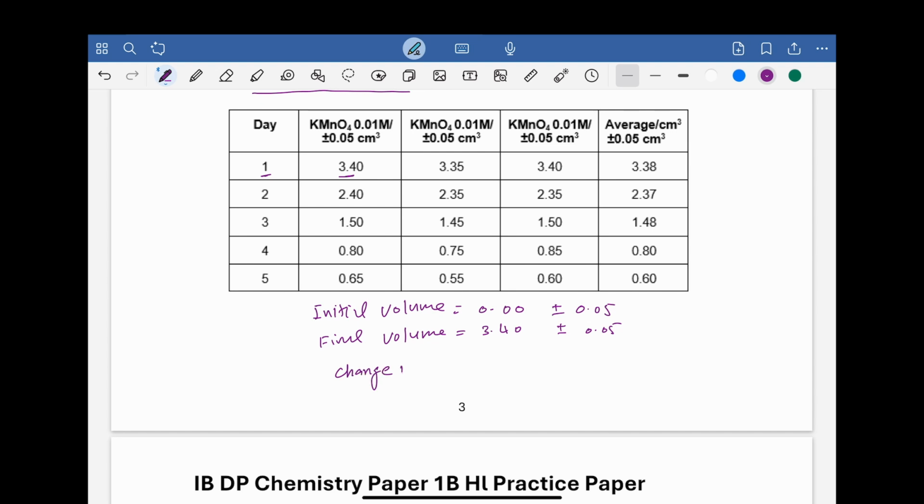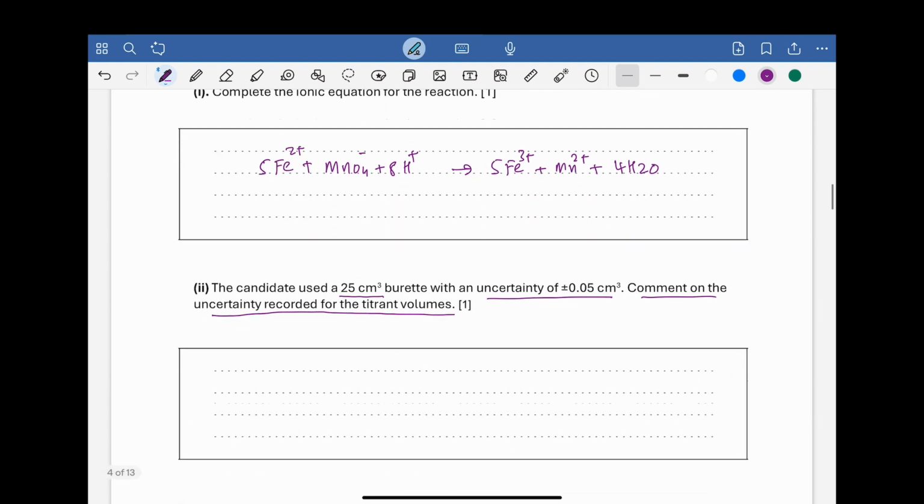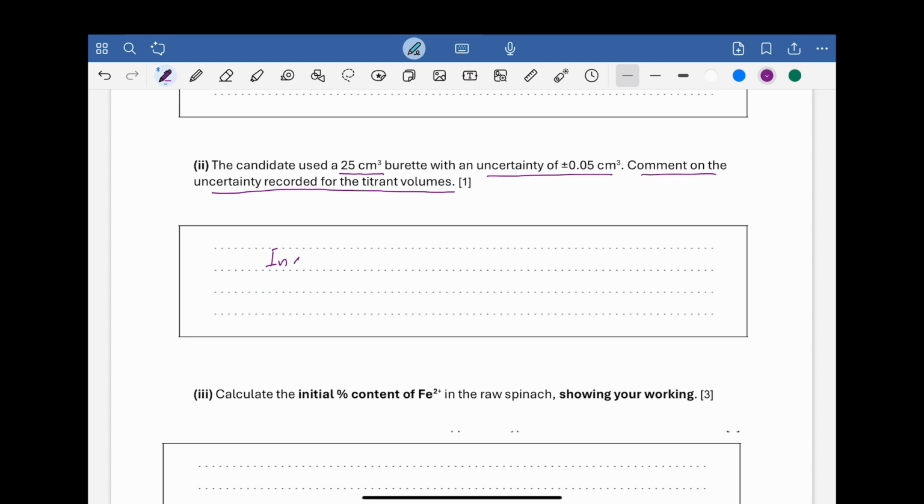So the change in volume, which is the titrant, will be 3.40, and the uncertainty will be plus minus 0.1 centimeter cube. So we can say the recorded uncertainty is incorrect, and since there are two readings, the uncertainty should be plus minus 0.1 centimeter cube.